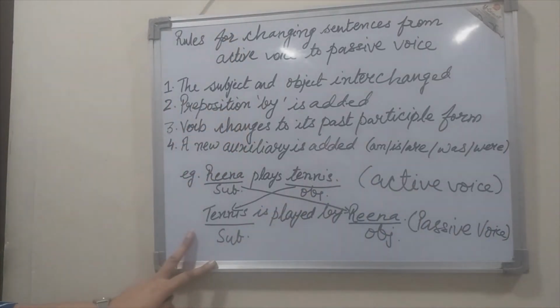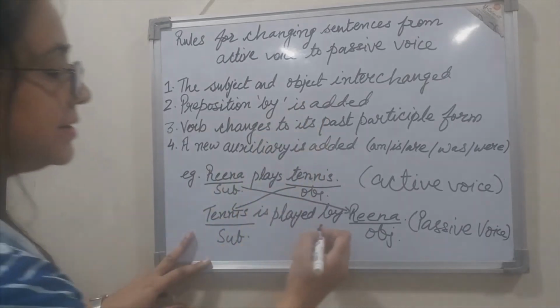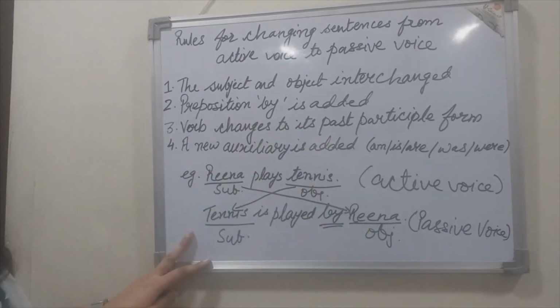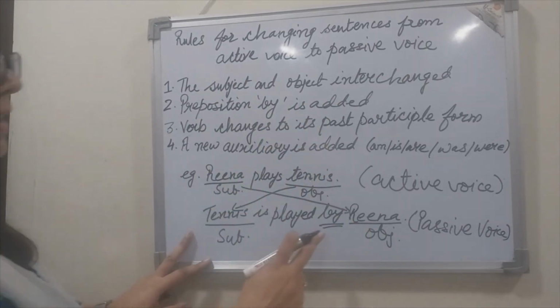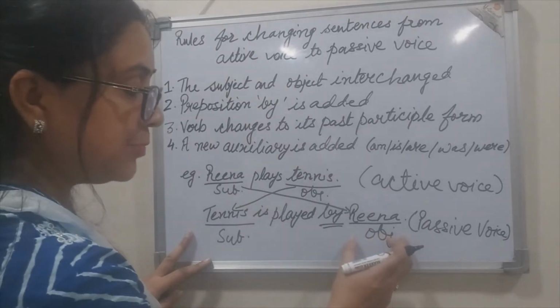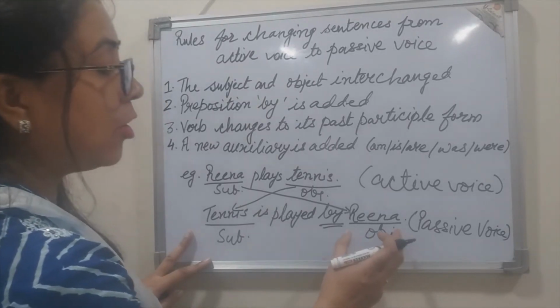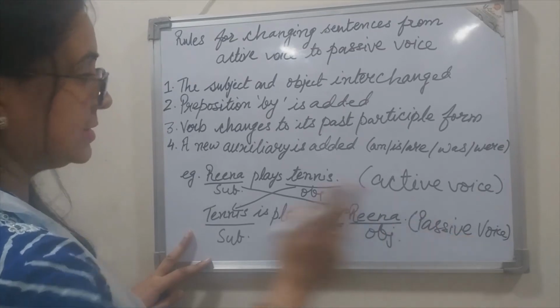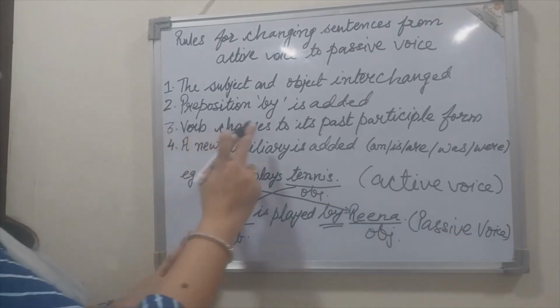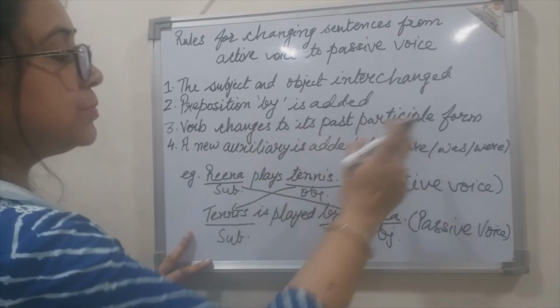Now let us study the second rule. The preposition "by" is added. So we have added the preposition "by", and where is it added? Just before the object of the passive voice. Third rule, the verb changes to its past participle form.